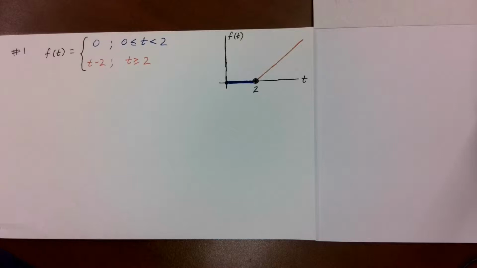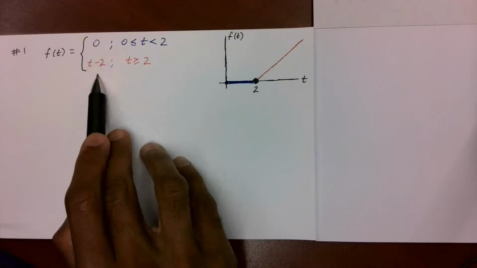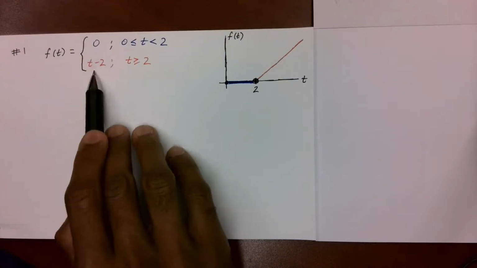So let's attempt to take its Laplace transform, but first we have to write f of t using unit step functions. A good way to write any piecewise function using unit step functions is to treat the function pieces as signals. So you can treat 0 and t minus 2 as two different signals.